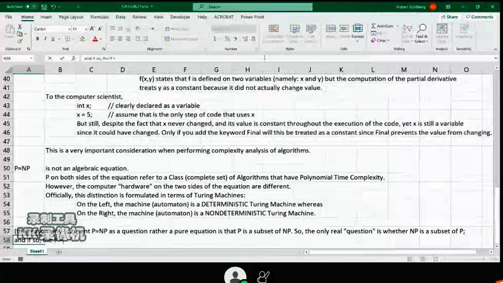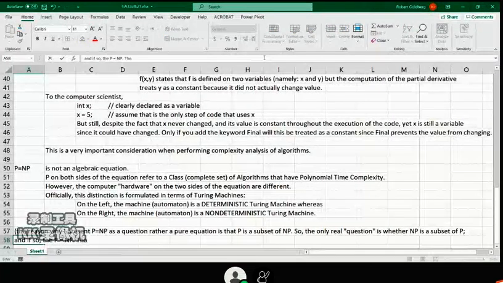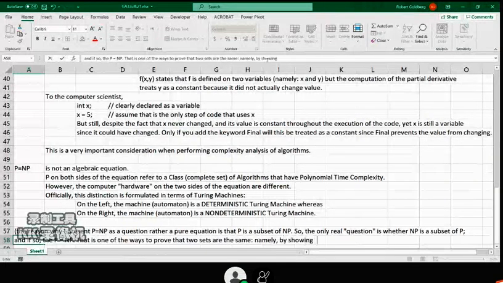According to discrete math, that is one of the ways to prove that two sets are the same, namely by showing that they're subsets of each other.